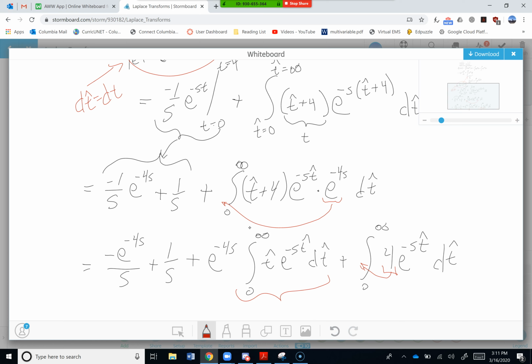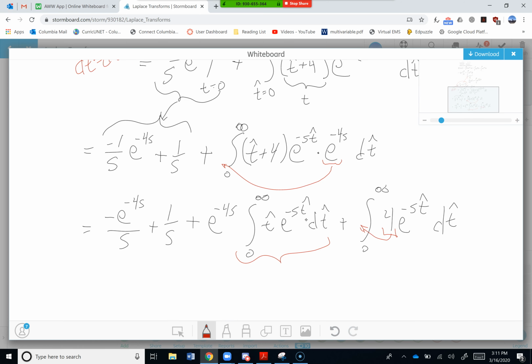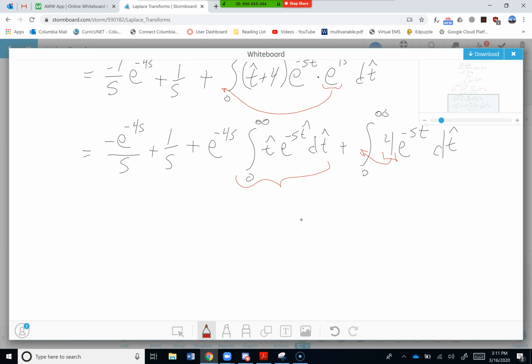This part here is the Laplace transform of t hat. You guys see that?